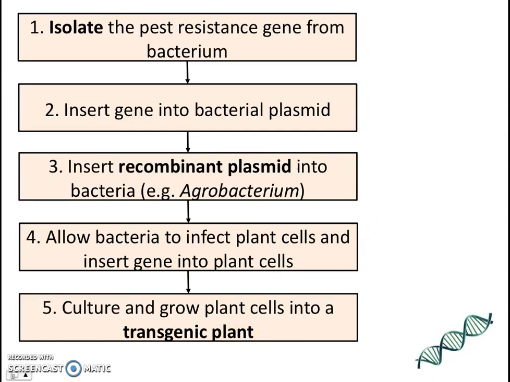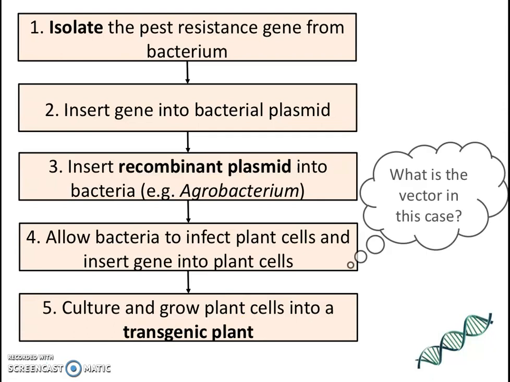Now, one of the things that we should clarify at this point is, what is the vector in this case? Now remember, the vector is whatever is used to insert the gene into your recipient organism. In this case, your recipient organism is your plant cells. Now when we looked at the example of transgenic bacteria, the vector was the recombinant plasmid, right?